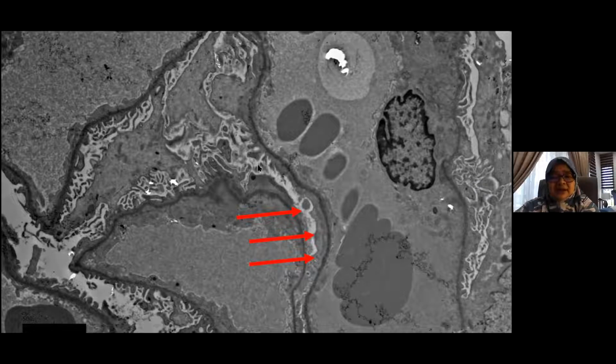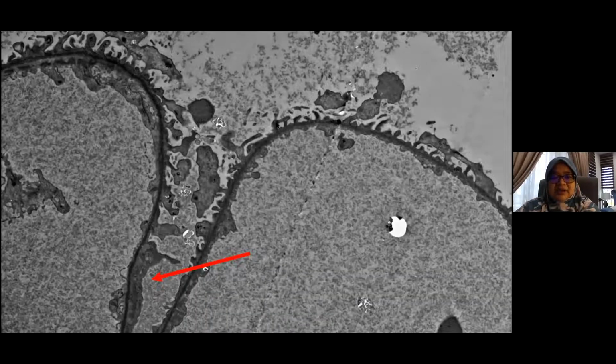This is one loop, and this is another capillary loop, and this is another loop, and we can see some red blood cells within the capillary loop. Very crudely, we can see that the glomerular basement membrane is rather regular. Again, we can see some areas having foot process effacement.